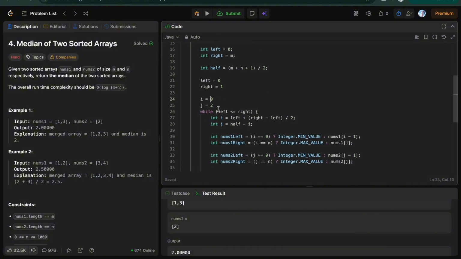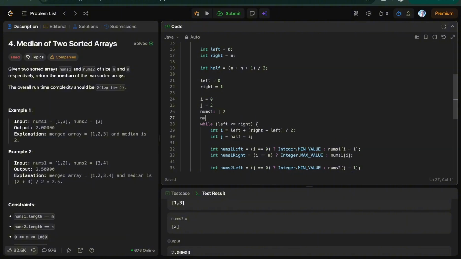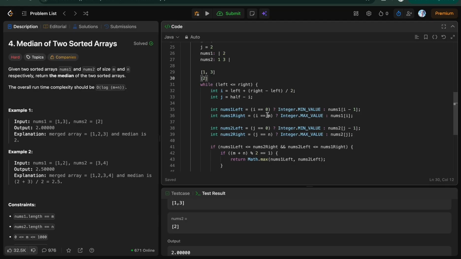Now that we have the numbers, the partition would look something like this. The left side will be 1 and 3, and the right side will be 2. Now we look at our boundary values.